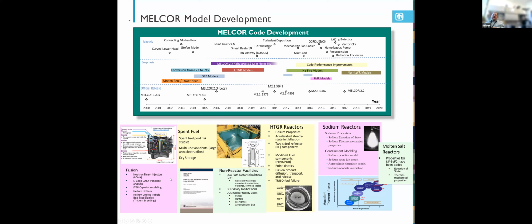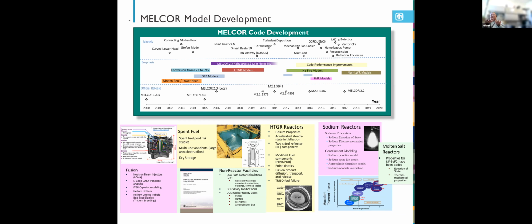At the bottom of this slide, also MELCOR is not just used for reactor applications, we can also use it for fusion reactors. Folks at the Idaho National Lab are developing a version of MELCOR particularly for fusion applications, and some of the phenomena they are looking at are shown here.